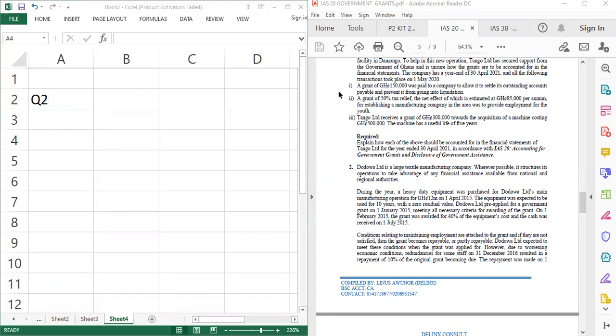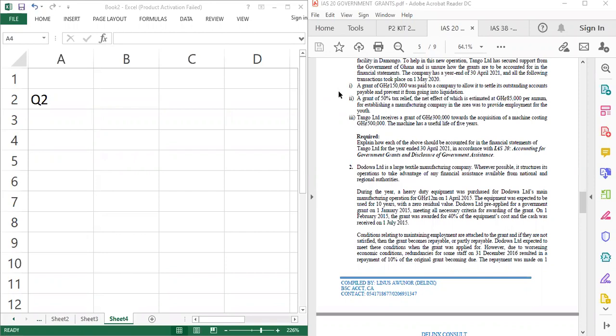Wherever possible, it structures its operations to take advantage of any financial assistance available from national and regional authorities. During the year, heavy-duty equipment was purchased for Dodua Limited's main manufacturing operation for 12 million Ghana cedis on 1st April 2015.